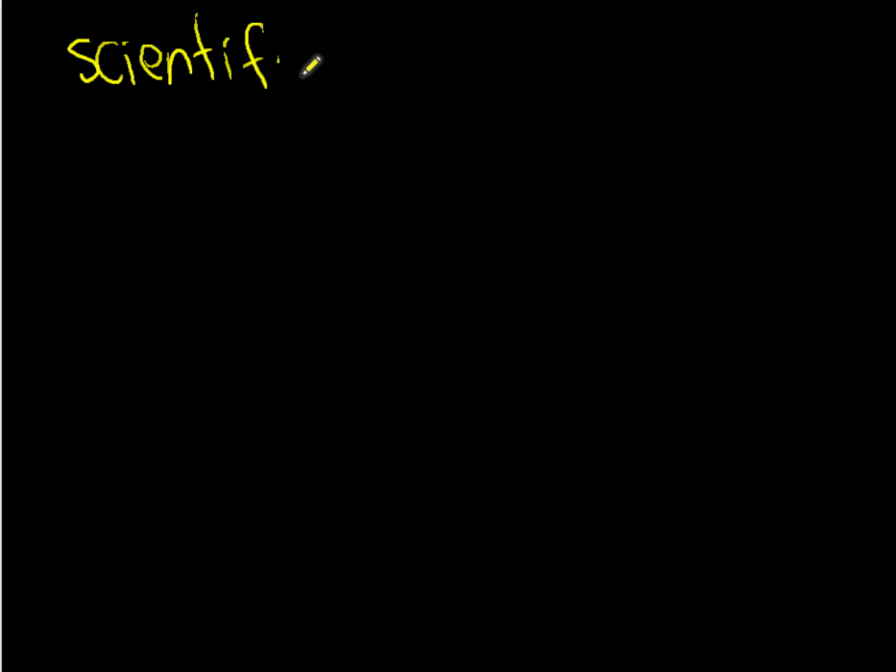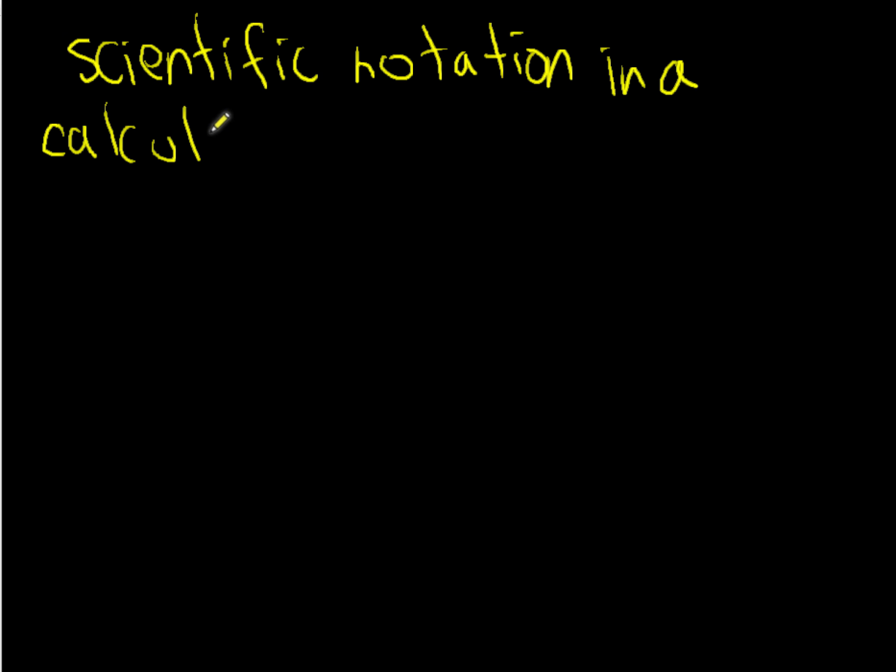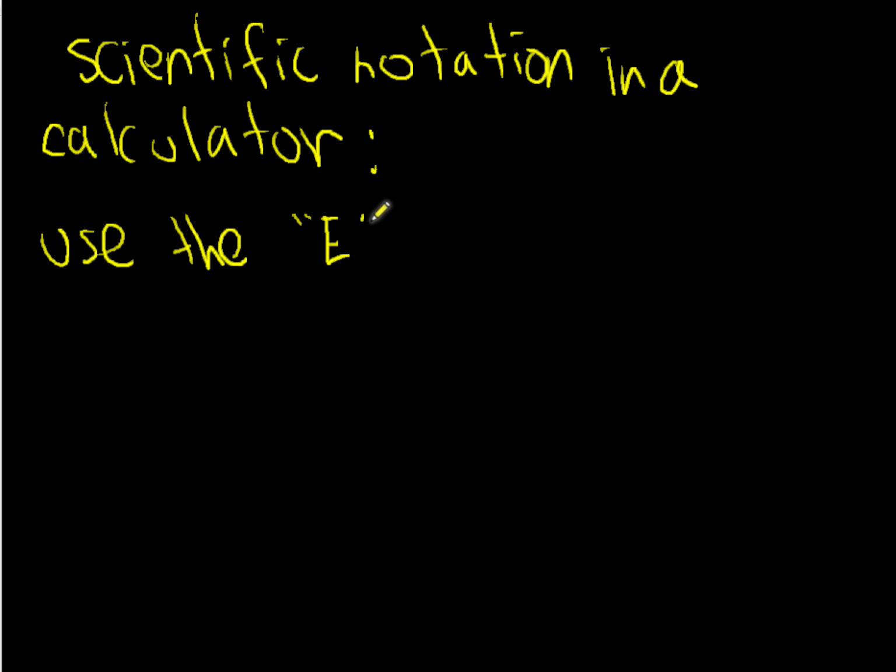To use scientific notation, you need to know how to enter scientific notation properly into your calculator. Since all calculators are different, you might have a different button than your friends that you use to do scientific notation.